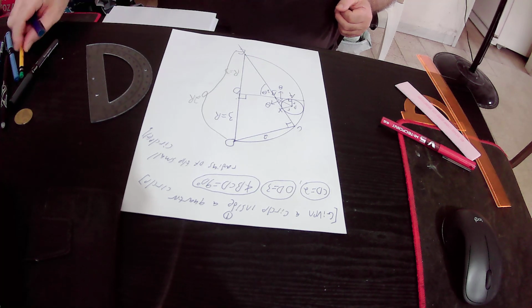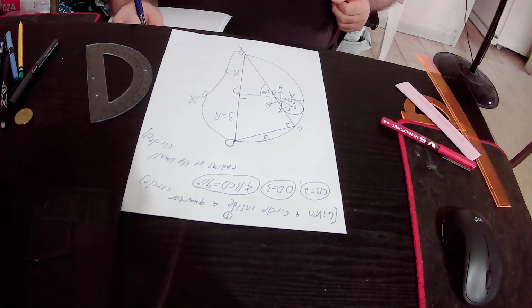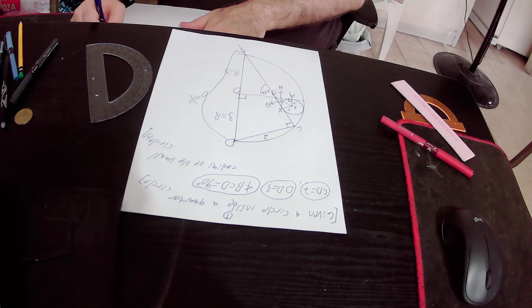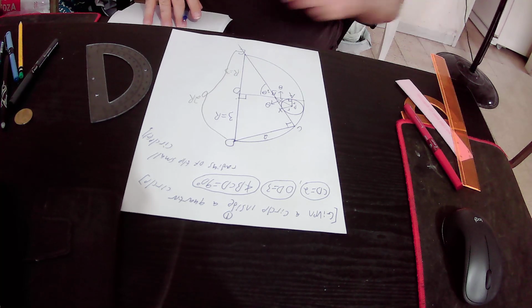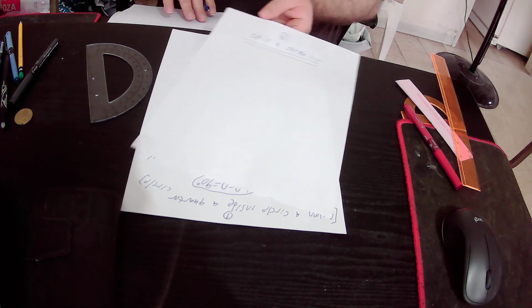Okay, so ED or DE is a straight line because it is the diameter of the semicircle.